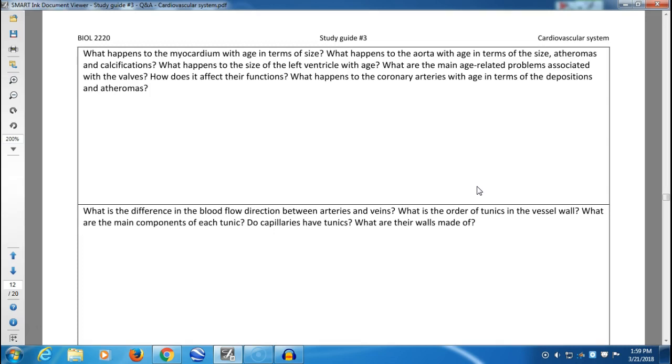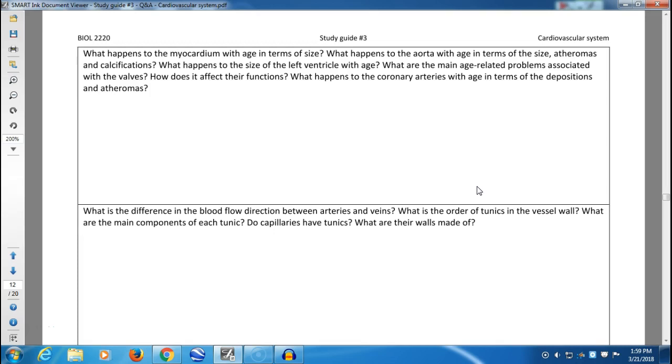Age changes. Know that with age, the walls of the heart become thicker, coronary arteries become more sclerosed, there are depositions of fat, atheromas, valvular stenosis.